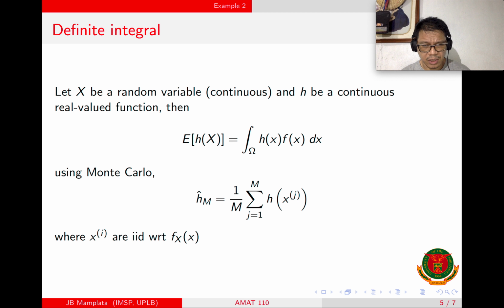And also this is backed up with the central limit theorem. Okay? But if you want to know more about the details of it, meron naman mga available books on Monte Carlo simulation. Pero dito sa discussion natin, ipapakita lang natin on how we can use Monte Carlo simulation in evaluating definite integral. All right?